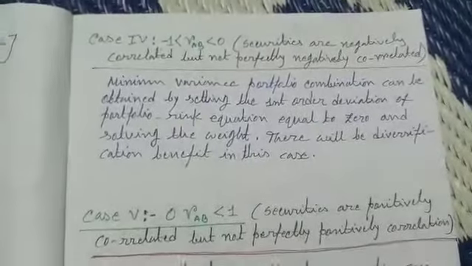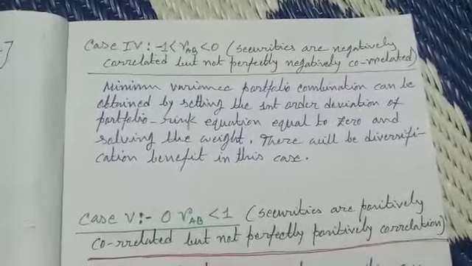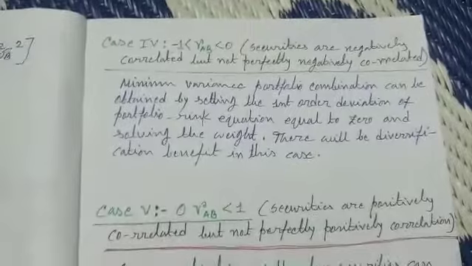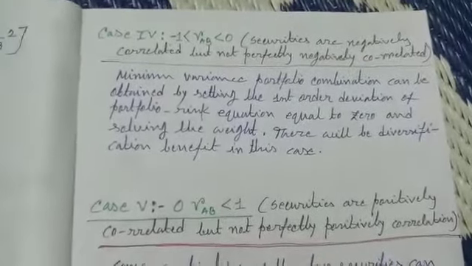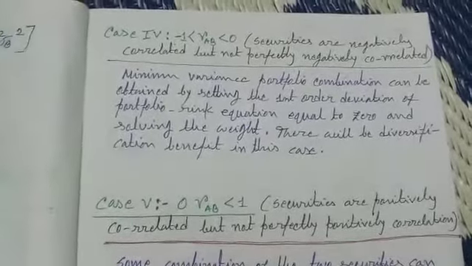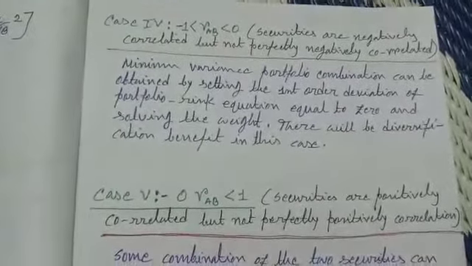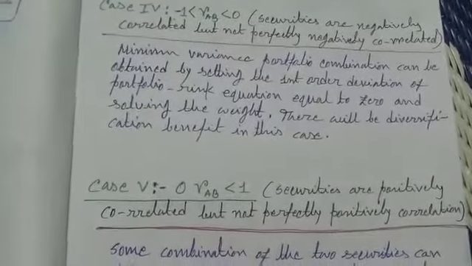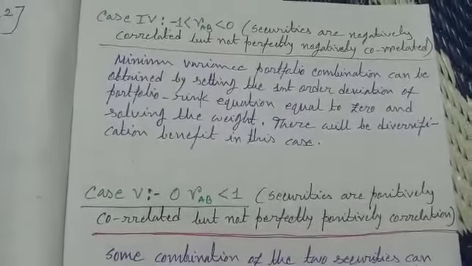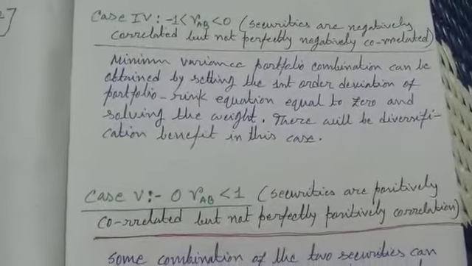So for each and every value that lies between -1 to 0, there will be different weights, which will be determined by making the first order differentiation and setting it to 0, applying the same procedure as usual.